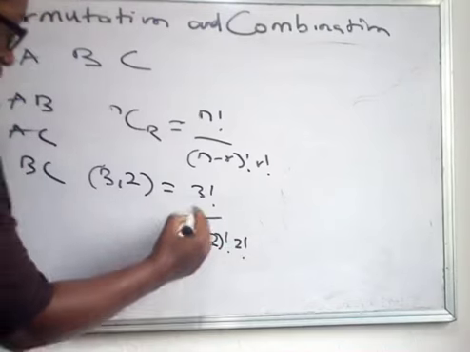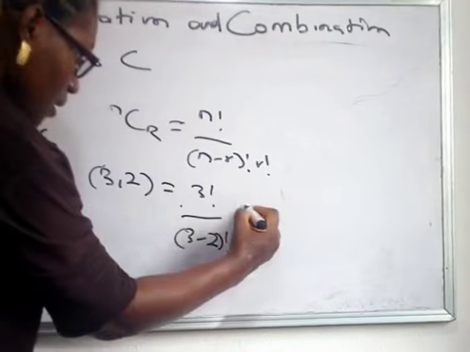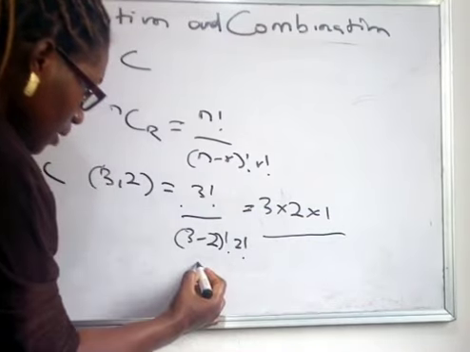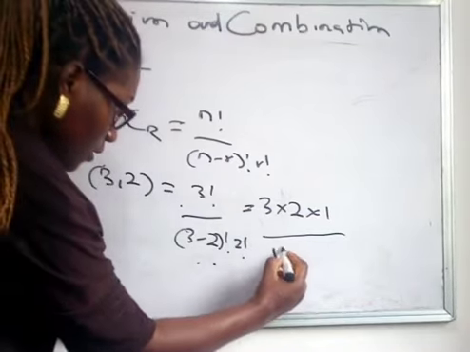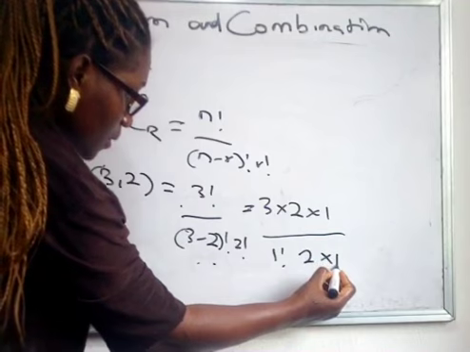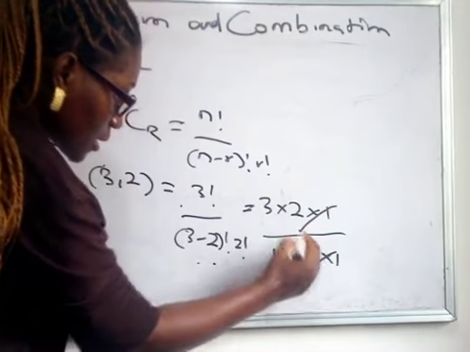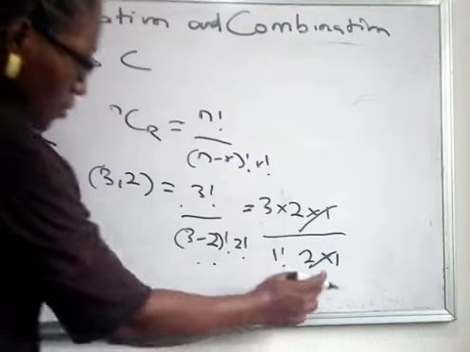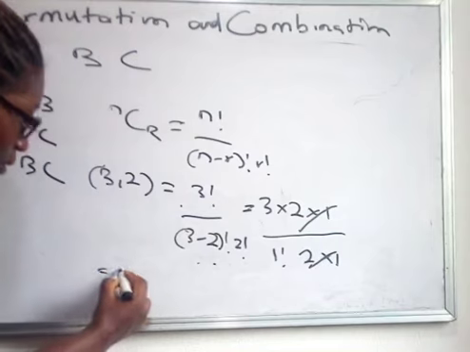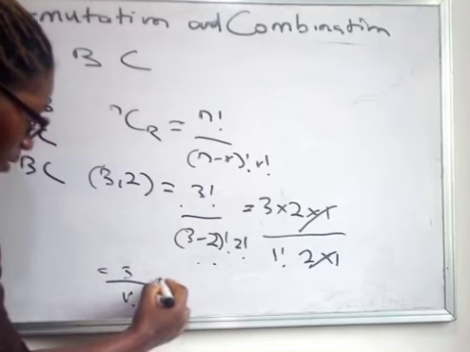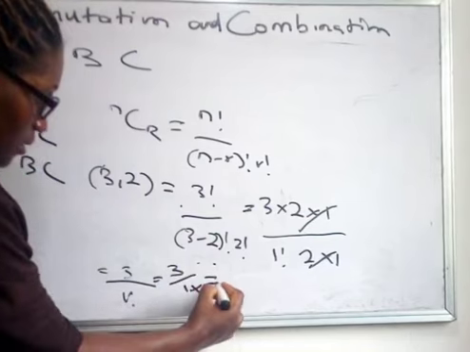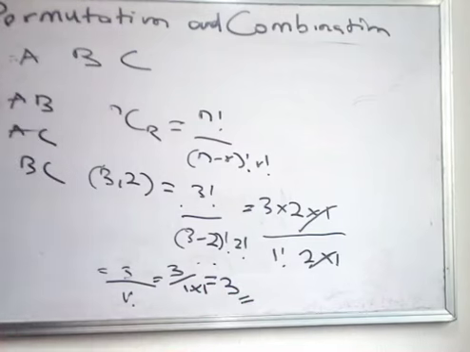Are we together? We said 3 factorial represents 3 times 2 times 1, over 3 minus 2 factorial, that is 1 factorial, and then 2 factorial represents 2 times 1. So if we take this off, 2 factorial takes off 2 factorial, so we are left with 3 over 1 factorial, where 3 over 1 factorial is giving us 3 divided by 1, and our final answer becomes 3.